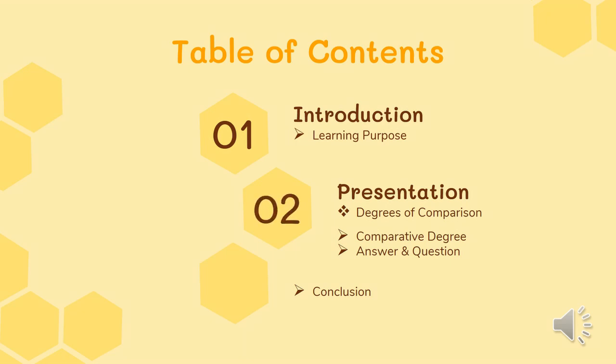Second, presentation, which is the main subject about degrees of comparison. We will learn about comparative degree and answer any questions about the main subject. And the last is conclusion and student task.